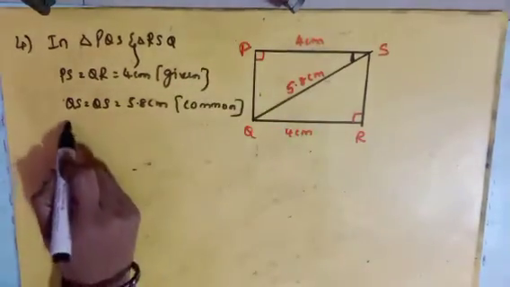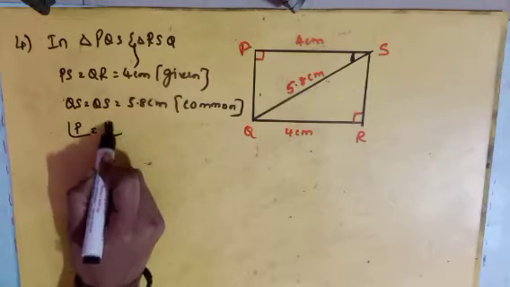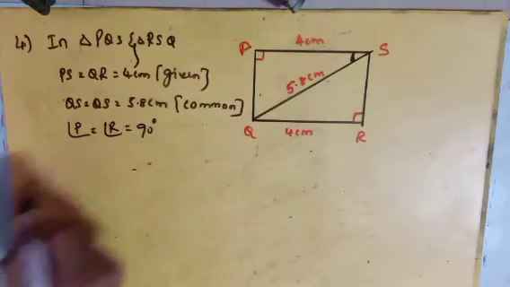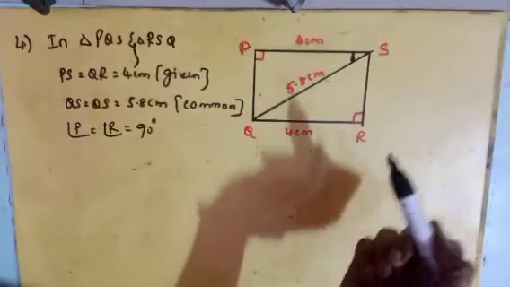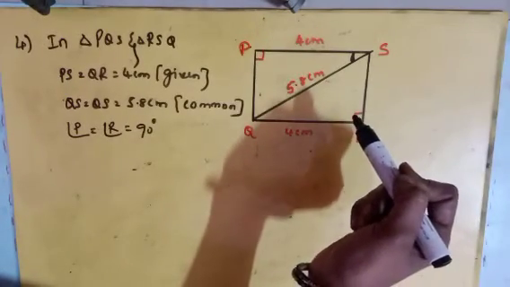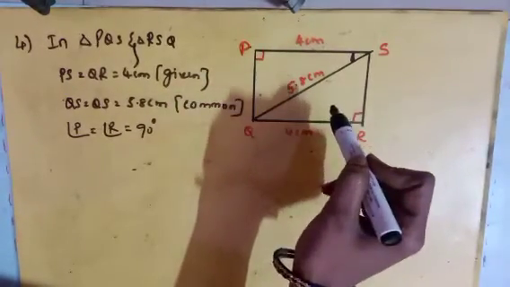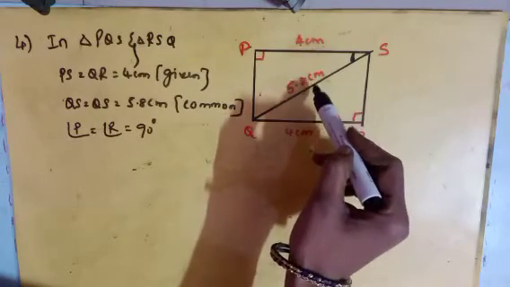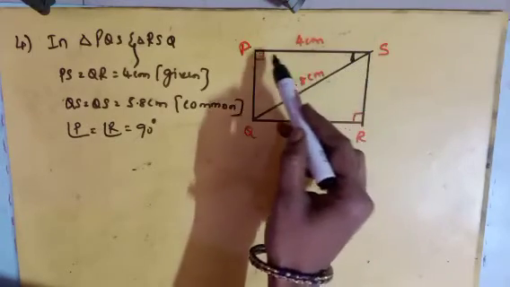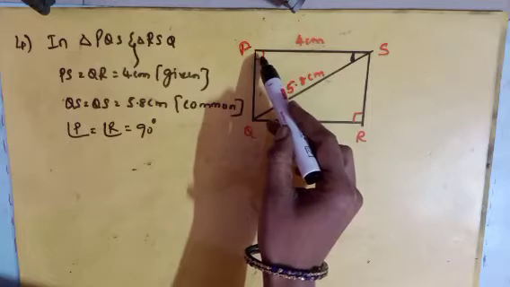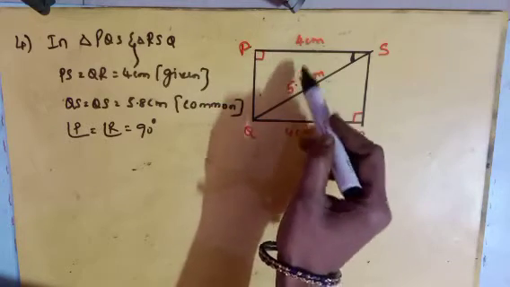Angle P equals angle R, which measures 90 degree. It is a right angle triangle. Now see here, according to SAS congruency condition, between two sides an angle should be included, but this angle P is not included between the two sides.